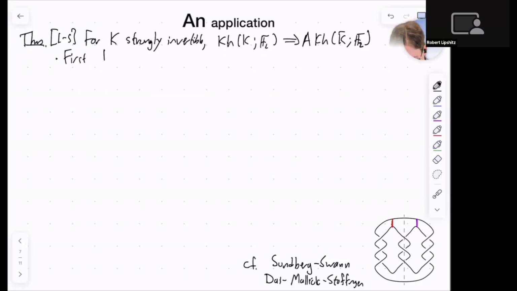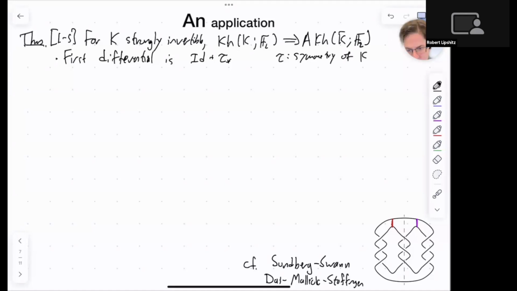The first differential in the spectral sequence is id plus tau star. Okay, what on earth is tau star? So tau is the symmetry, this Z2 action on K, the Z2 action by rotation of S3. And that induces a map on Khovanov homology. Khovanov homology is natural in some sense.